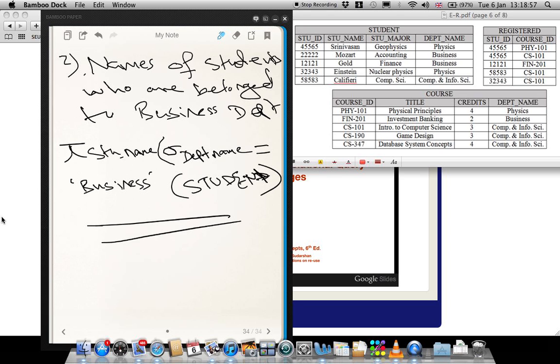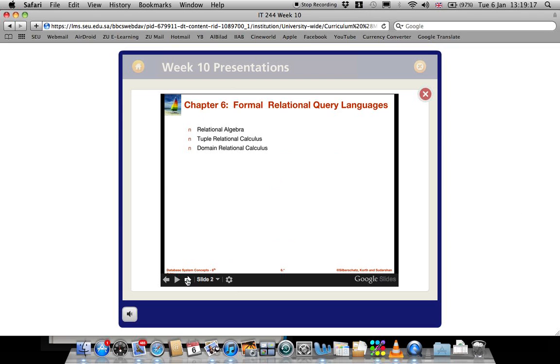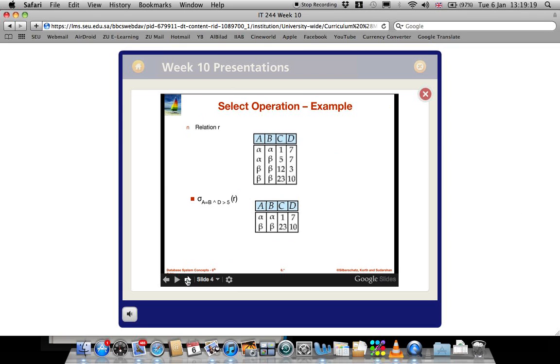This is again as simple as that. Make sure you understand this. So I'll cut it to here. Now I'll go quickly to the chapter itself and review what's important. All this is revision.